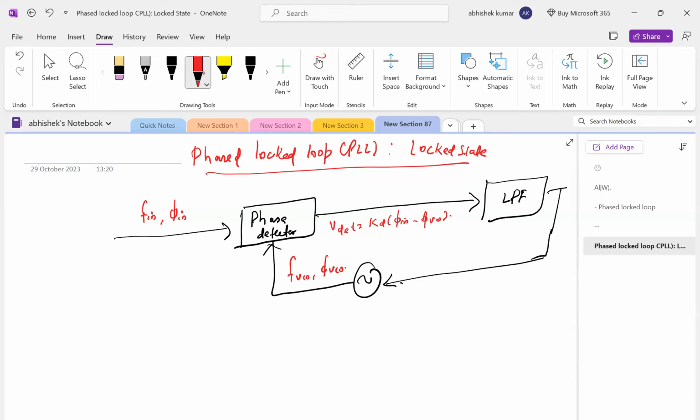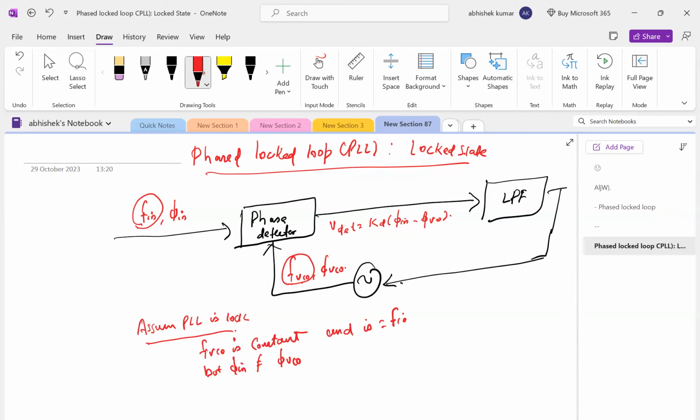So here this is the low pass filter. We are assuming here that the PLL is locked. What do you mean by PLL is locked? That the VCO frequency is constant and equal to Fin. It means that the frequency of the VCO is constant and equal to Fin, but the input phase is not equal to the voltage controlled oscillator phase.